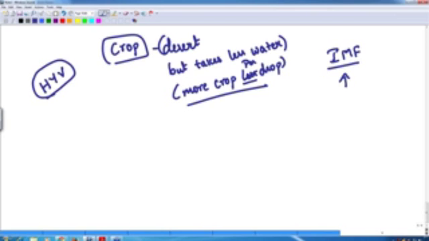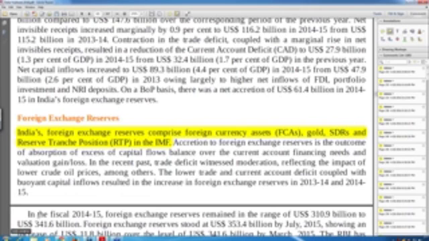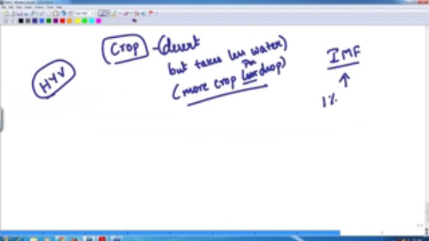So that is actually known as reserve tranche position. So based on this, India's share as of now is 1% out of, like, 100.